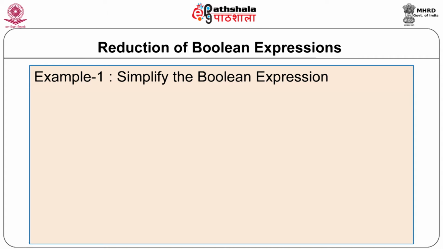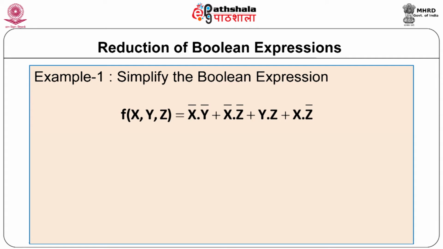Let us now apply Boolean algebra to simplify some of the Boolean expressions. Example number 1, let us simplify the following expression. In this expression, we have 3 variables x, y, z, which are given below.